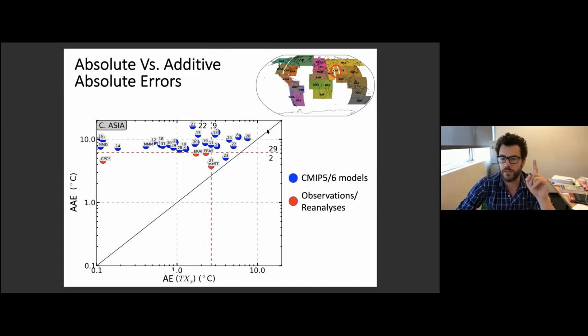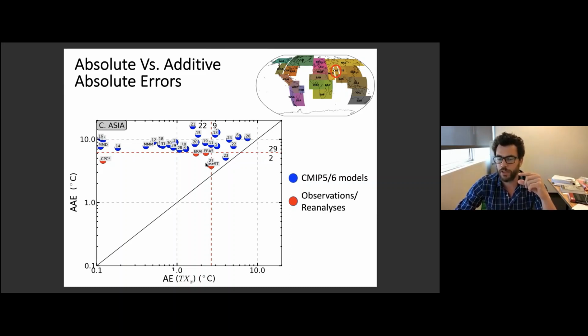But in fact, it appears that no data set showed this. So we always find models that are blue, or observations or reanalysis. We choose one observation as the reference, and so we calculate the difference also compared to other observations to get an idea of what's the observational uncertainty.